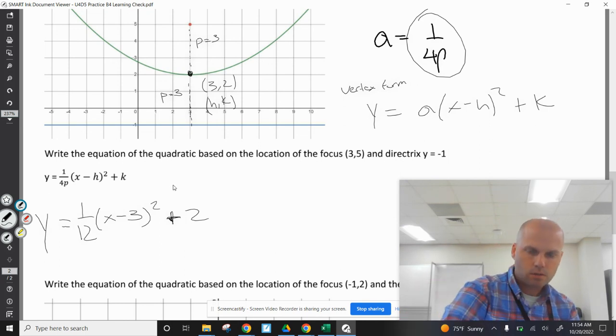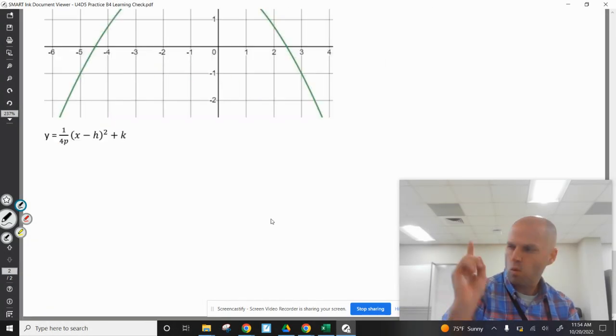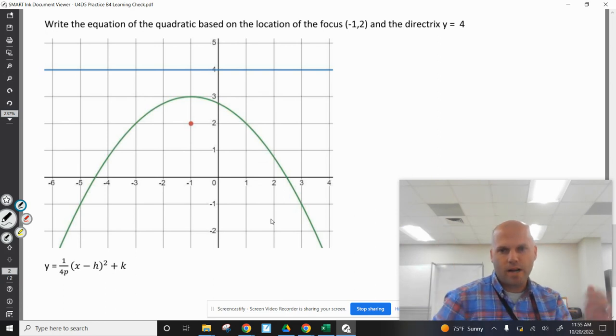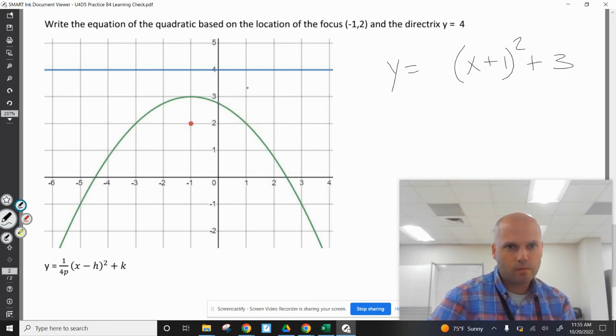Okay, pause. Okay, ready? Vertex is at (-1, 3). I got y equals some number times (x plus 1), because I go to the left one, plus 3. That's h and k, (-1, 3). Minus h gives a plus.